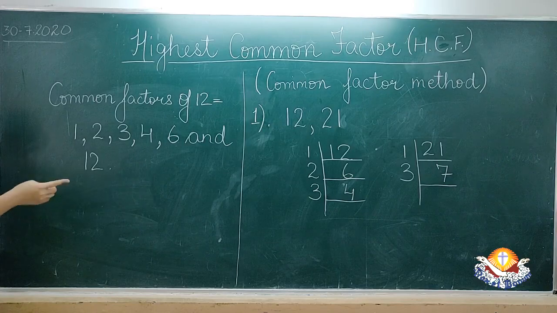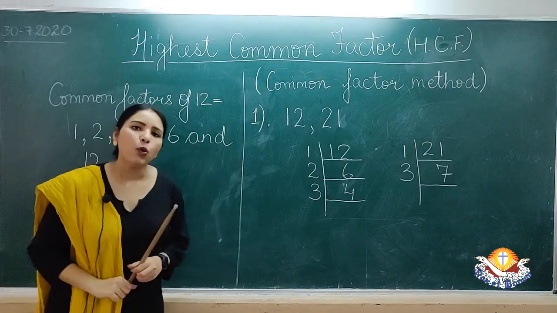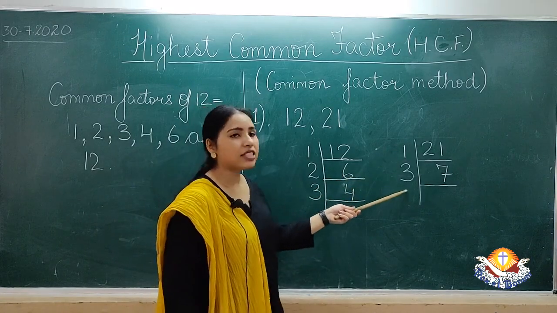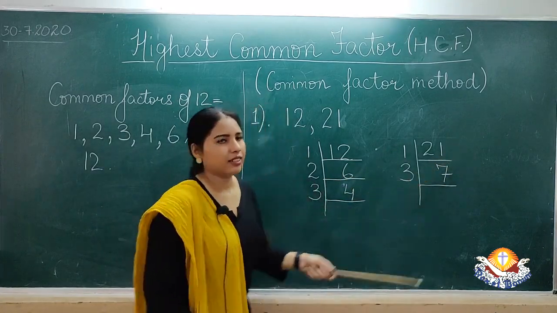Now coming on to the factors of the number 21. Again, we go on in a U shape, starting from the left side to the right side.